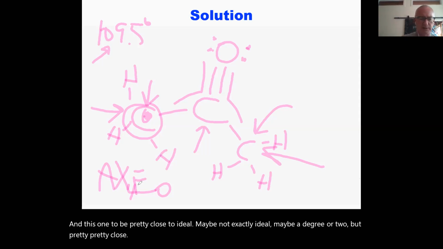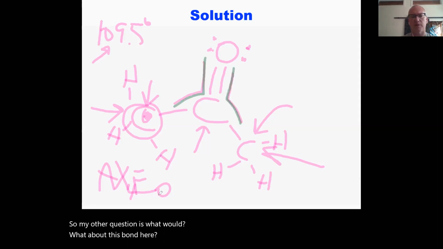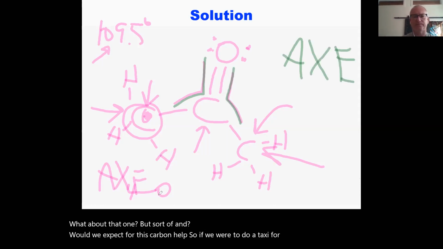So my other question is, what about this bond here? What sort of angle would we expect for this carbon? If we were to do AXE for that particular carbon, how many bonding regions are around that carbon?